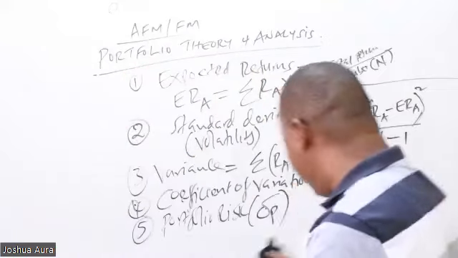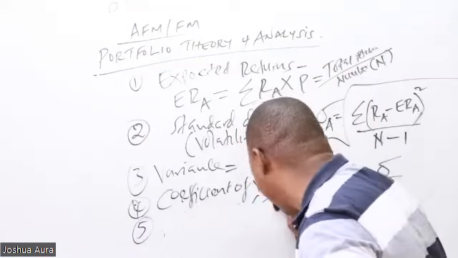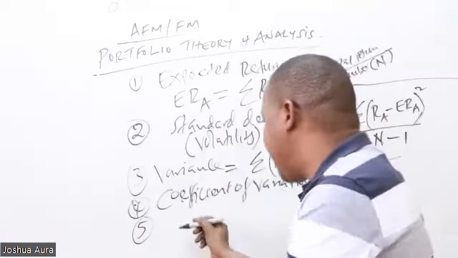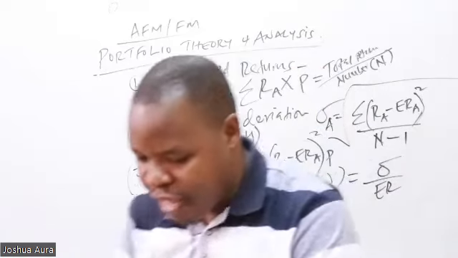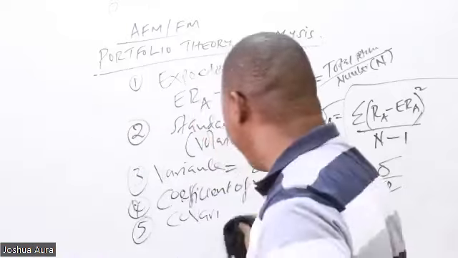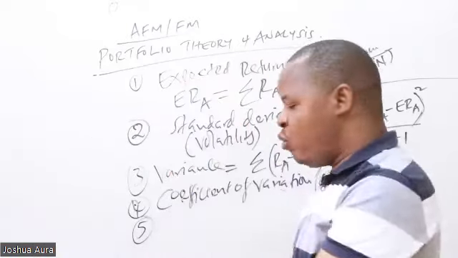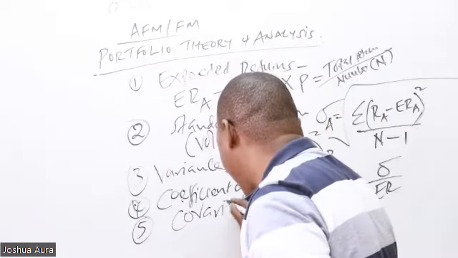So please allow me to start with the fifth item to be covariance. I know the FM students know this, and for the AFM, we have not reached there, but I will cover this with you. So this one is covariance.